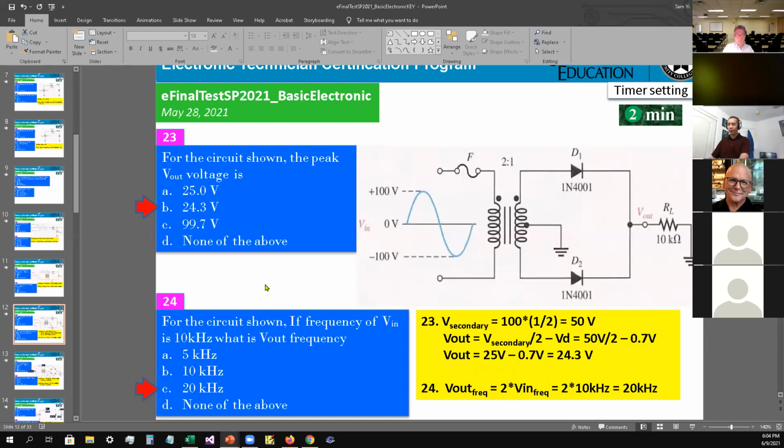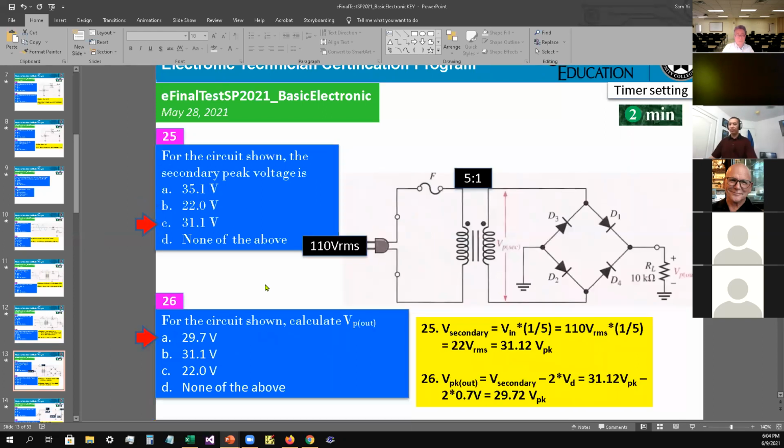All right, next one. Number 25, for the circuit shown, the secondary peak voltage is... we're looking at the secondary here. We have 110 VRMS coming down here, and on this side it's a step down again by 5.